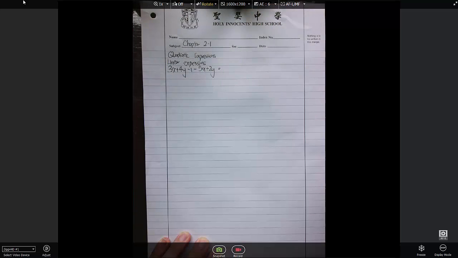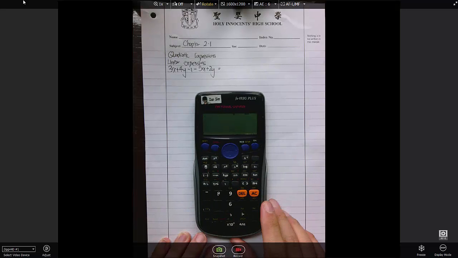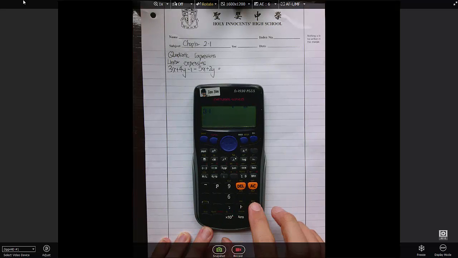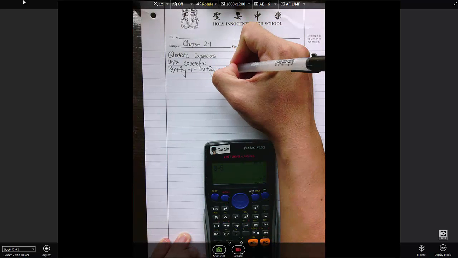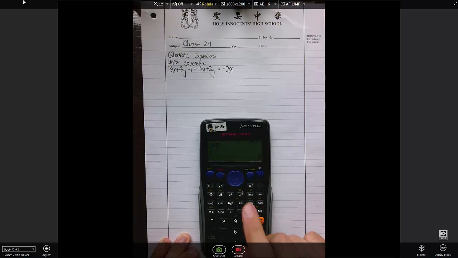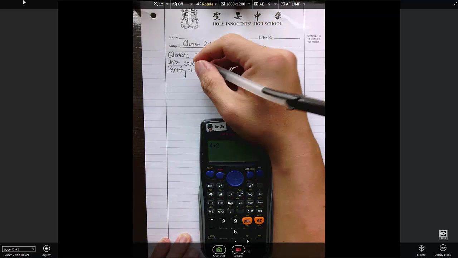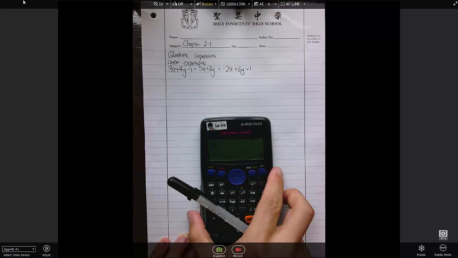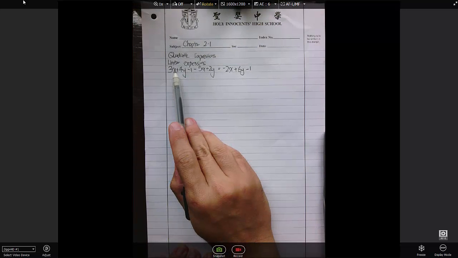For example, 3x minus 5x: 3 minus 5 is negative 2, so 3x minus 5x is negative 2x. 4y plus 2y, so it's 4 plus 2, I'm sure you can do this mentally. It is 6y, and negative 1 is by itself. We have simplified a linear expression, and linear because everything is to the power of 1, x to the power of 1, y to the power of 1.